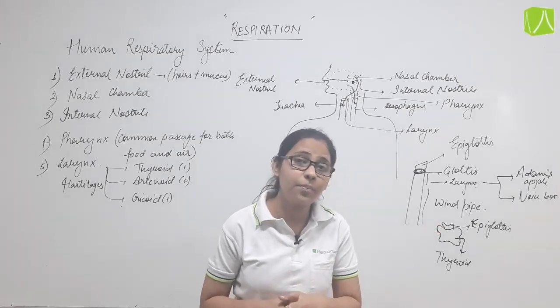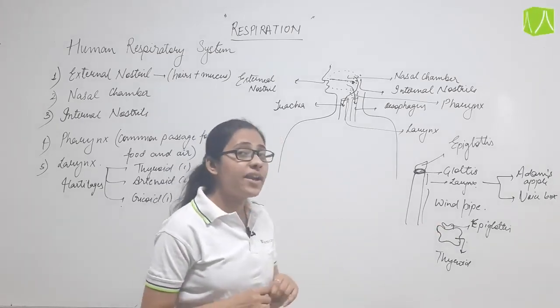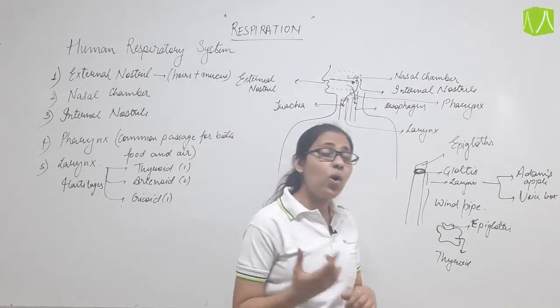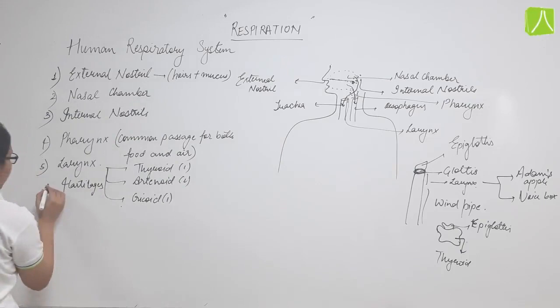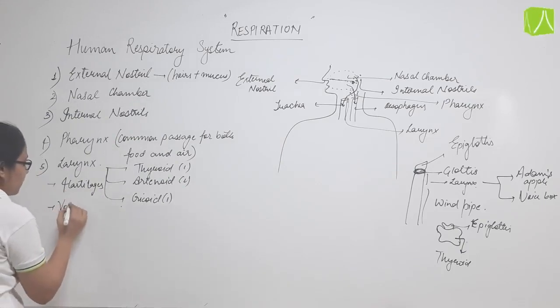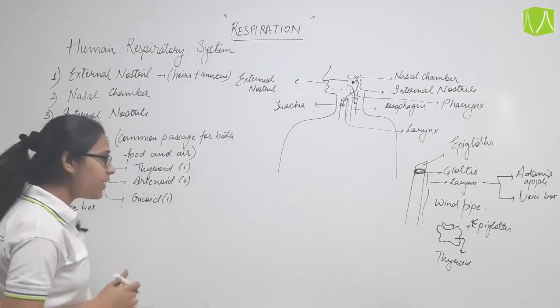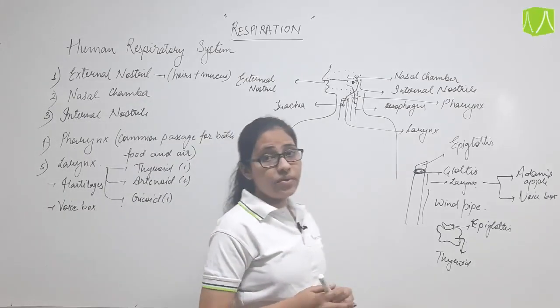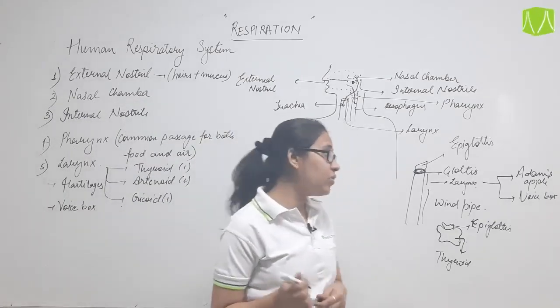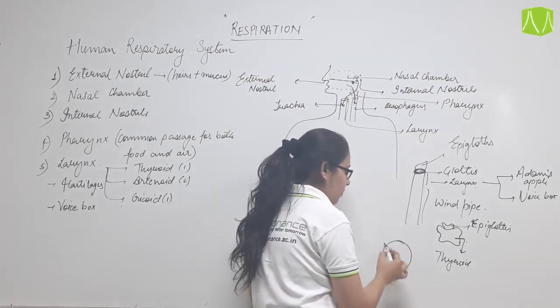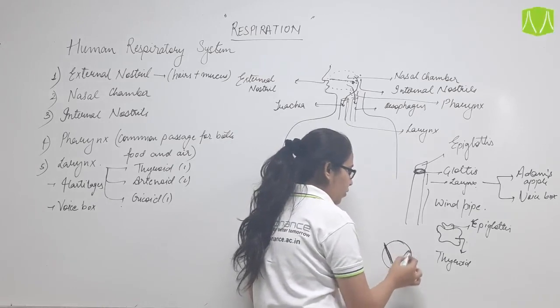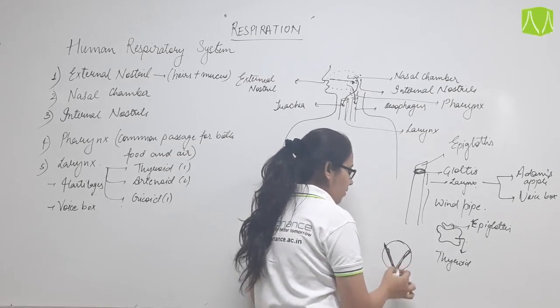There is one more feature of the larynx. Basically, the larynx is known as the voice box. Why do we call it the voice box? Because it produces voice. How does it produce voice? The larynx has two bundles of vocal cords.